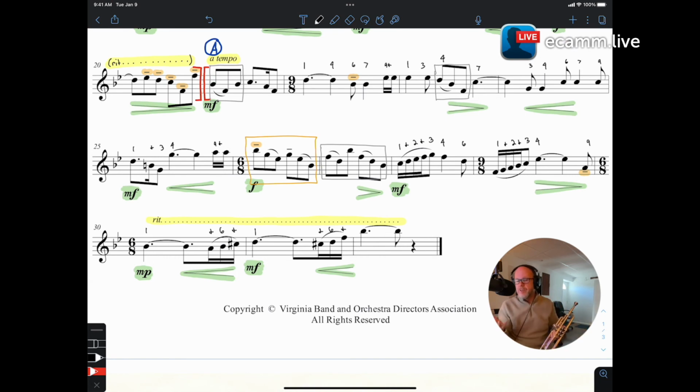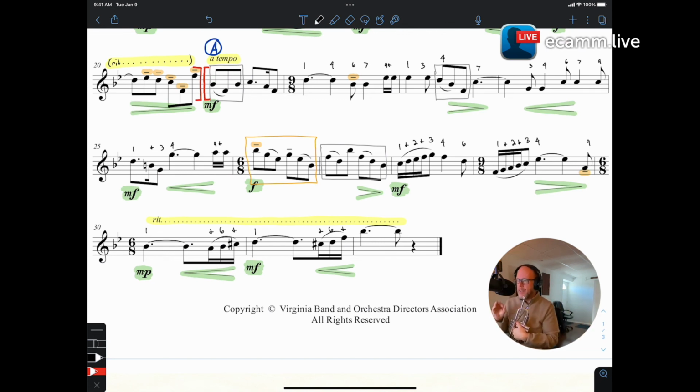And again, those notes didn't lock in at the end. What do we do? Go back and slur through. Put it back into context. And that seems to lock everything in.